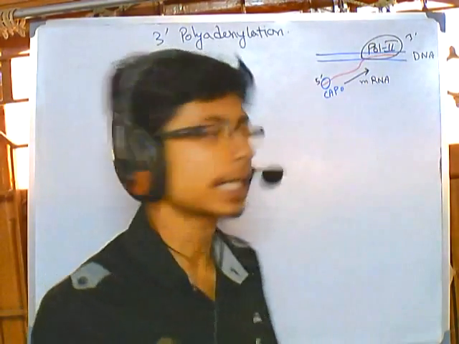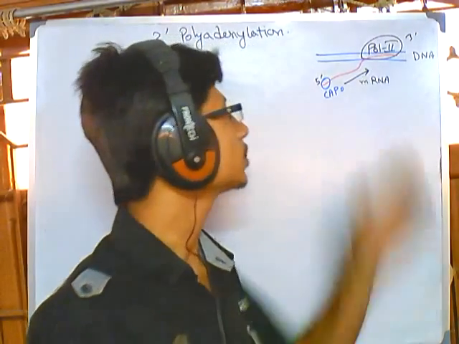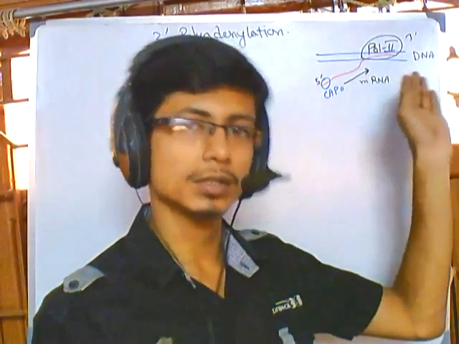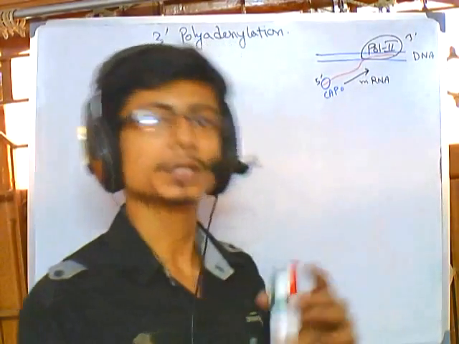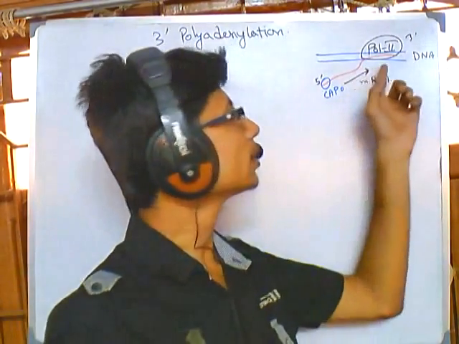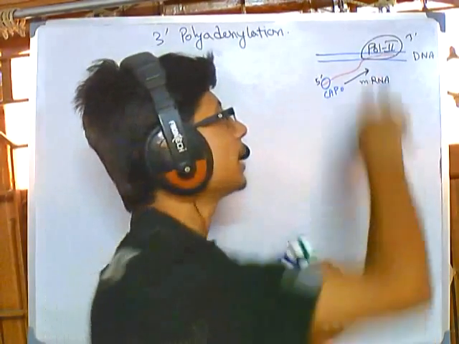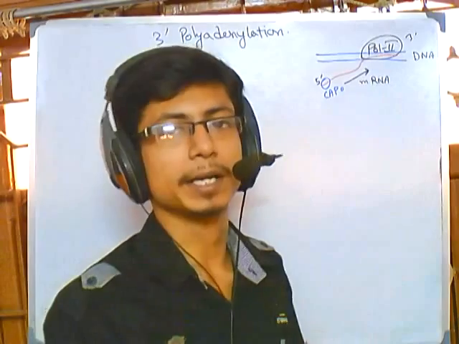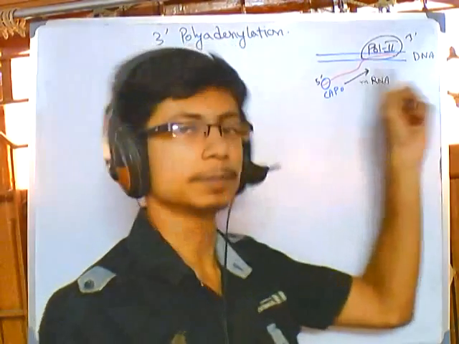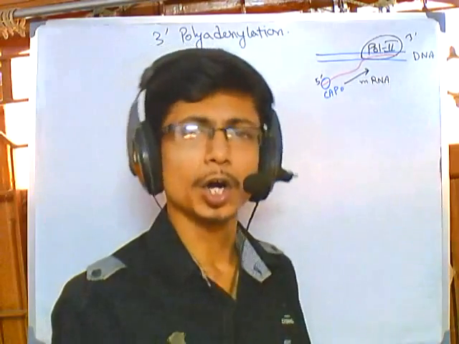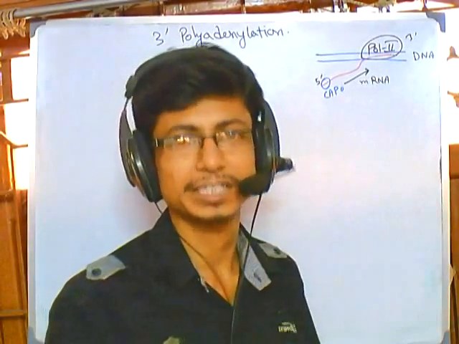Now one question can come into your mind. We are calling it co-transcriptional modification, so this 3 prime modification must also be done during the transcription process. But we can only get the 3 prime end of this mRNA to modify it when the mRNA synthesis is completed, isn't it?